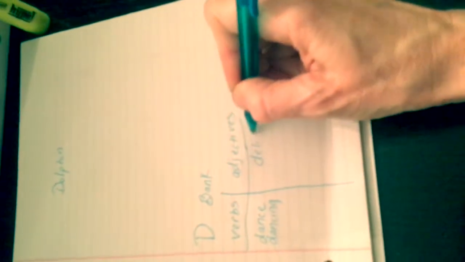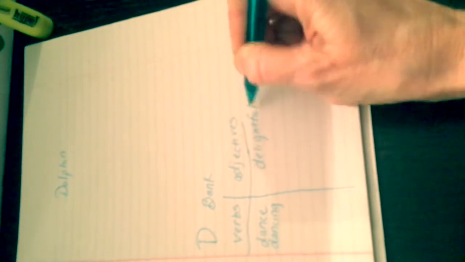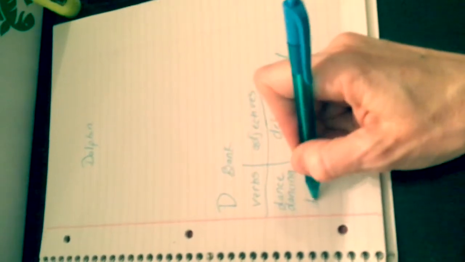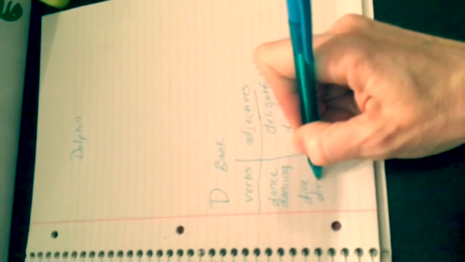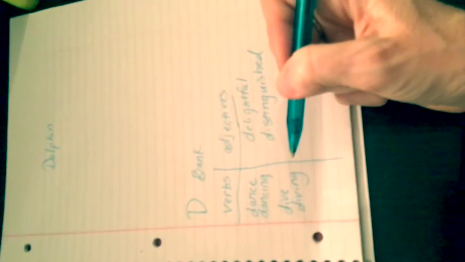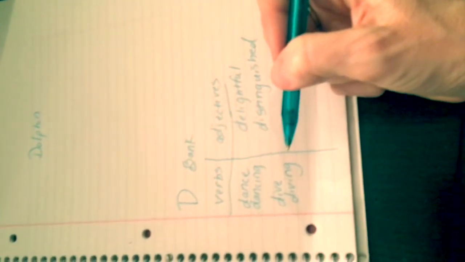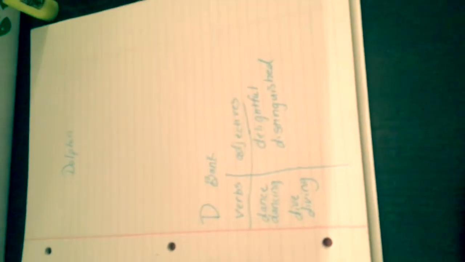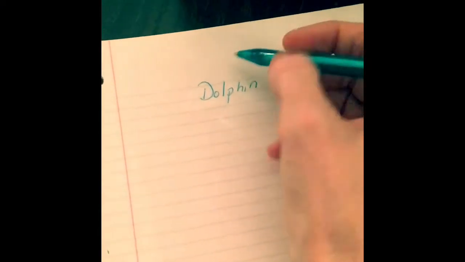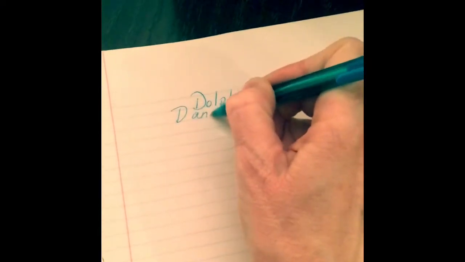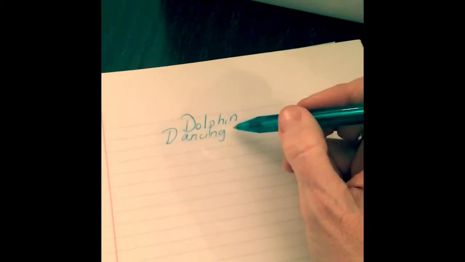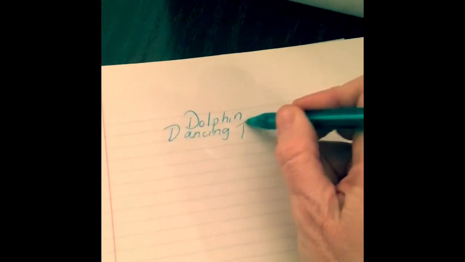Delightful, distinguished, what about a diving dolphin? Diving. All right, I think I have a good start and I can start writing this. Okay, so I think I want to start with a dancing dolphin. Gives me a happy feeling or a positive connotation.